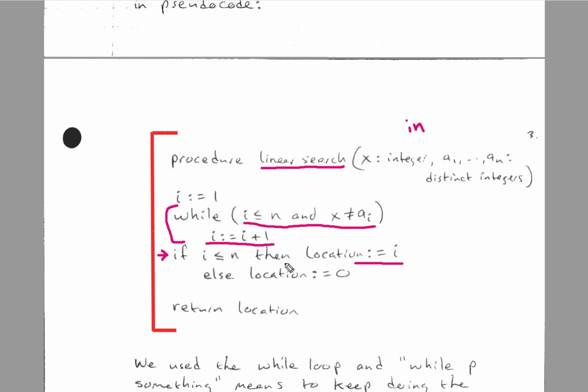If this is true, then let the location be i. Else, if this is not true, let the location be 0. If this is false, then i is bigger than n, so we've gone past the end of the list. We haven't found the integer we were looking for, so it's not in the list. So we'll return 0.